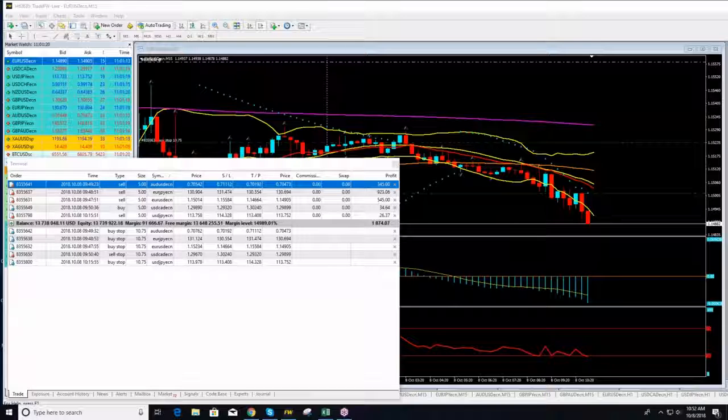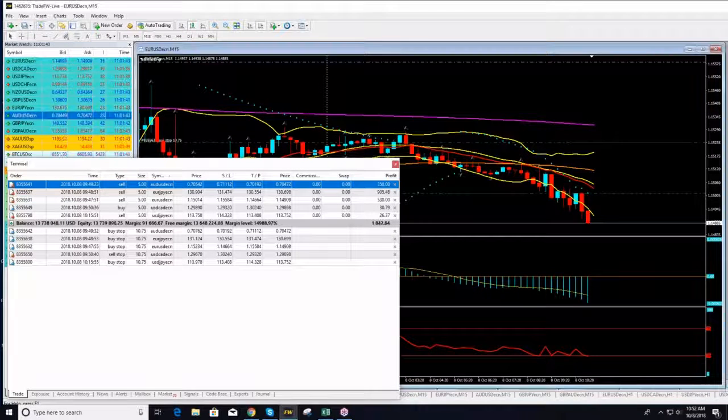So the first position I have entered today is that I have shorted Aussie dollar at 0.7542, stop loss at 0.71112, and take profit 0.7092. So this is the first trade.